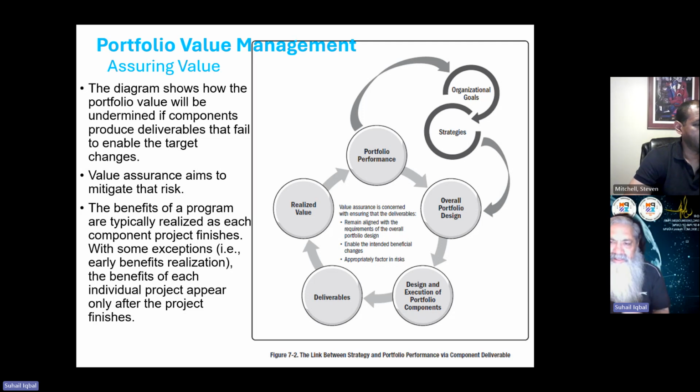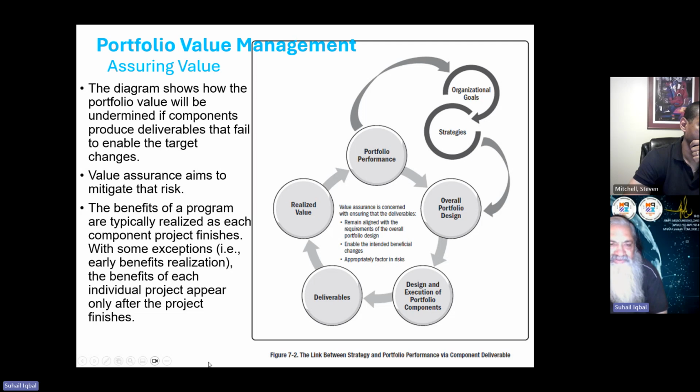So you understand that when portfolio performance is being measured, and we find that the components are not really doing their job, and portfolio performance is going down and not contributing to the organizational strategy, then we have to come back to redesign our portfolio, correct the problem, and then continue on with design and execution of the portfolio components. Deliverables will come, values will be realized, and ultimately portfolio performance would be appropriate.